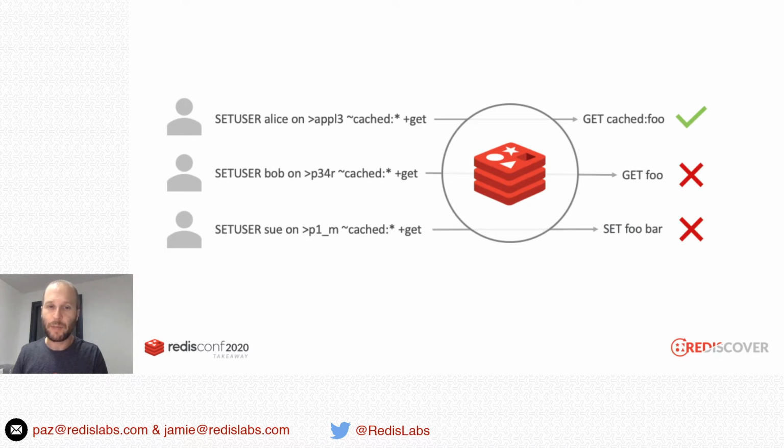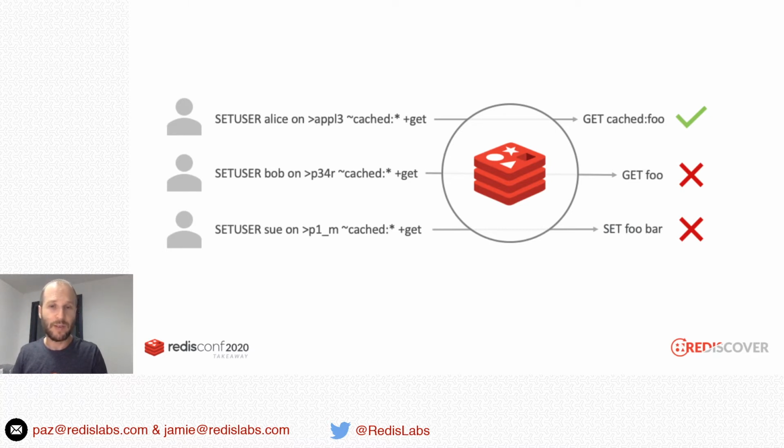In the first example, Alice can access the database with only the get command to the key names starting with the string cached. Therefore, a user who is authenticated as Alice can run successfully the get cached:foo command. The second example is about a different user called Bob.